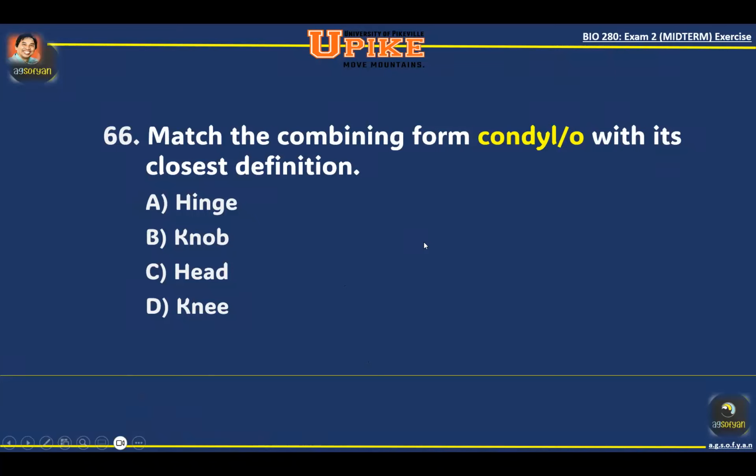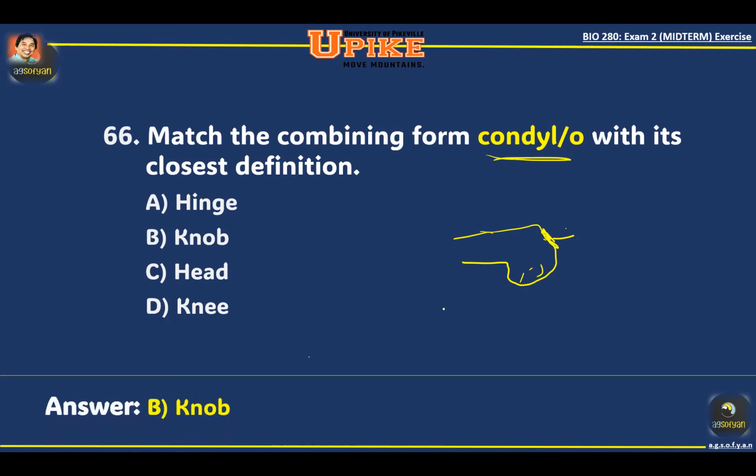Match the combining form of condylo. Condylo is related to our hand when we make a fist, like when we want to hit someone. You have the knuckle, the knobs.